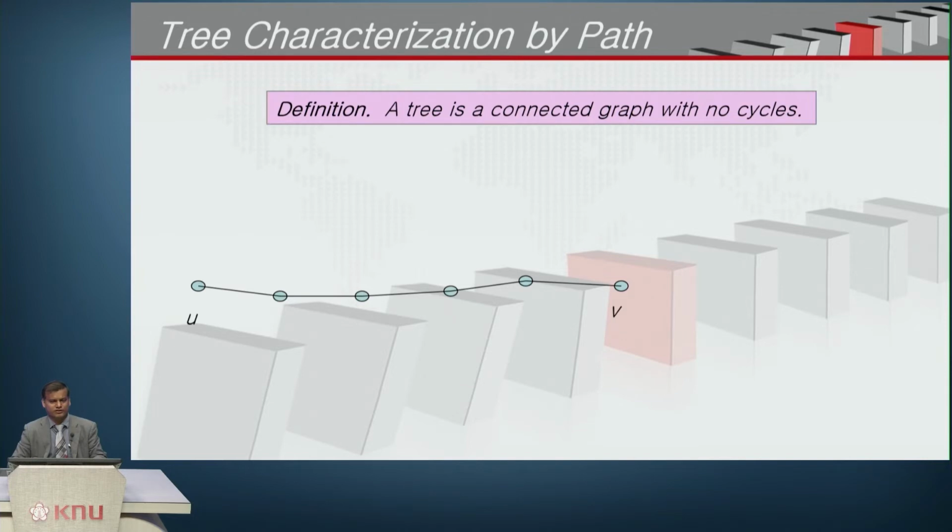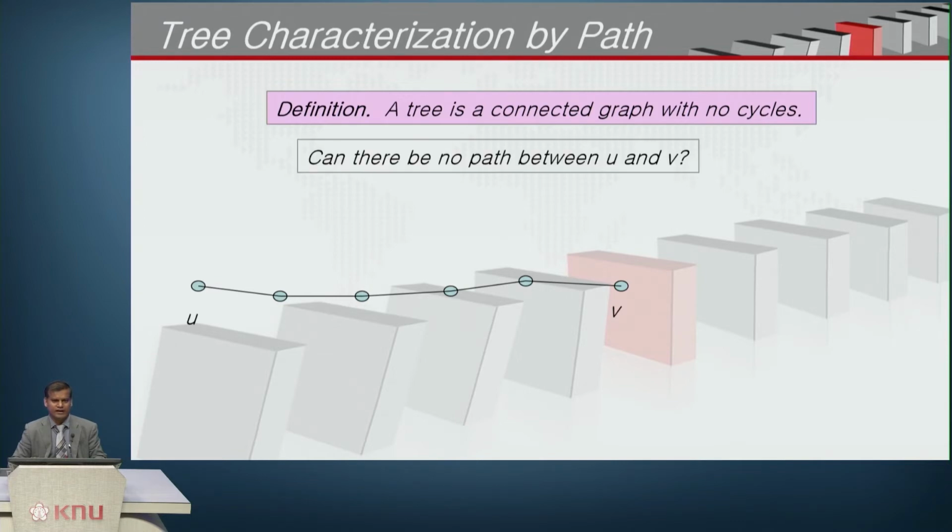Again, more parts of these tree properties. You can see U and V are the vertices at the end. A tree is a connected graph with no cycle. That is one of the basic definitions of trees. Can there be no path between U and V? No, it's not possible.